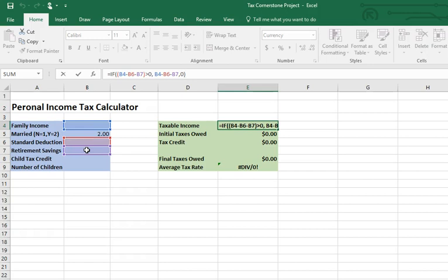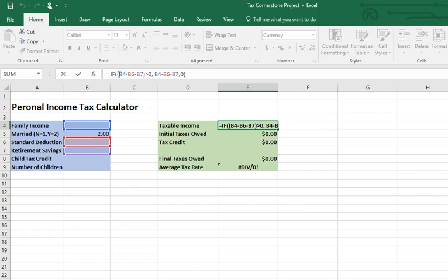And we're going to say this: if that number is greater than 0, then, and that's what this comma means, it means if this is satisfied, if B4 minus B6 minus B7 is greater than 0, then the number that will go into this cell will be B4 minus B6 minus B7.